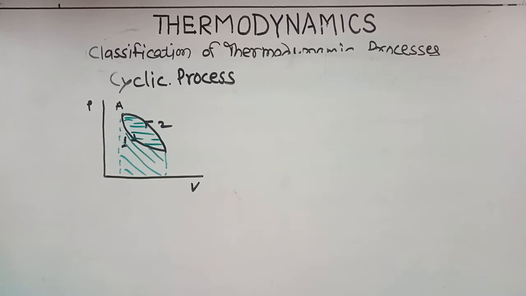So in this cyclic process, the net work is done on the gas, and that's why heat is evolved. That's why the heat is absorbed by the system. So this is the cyclic process.